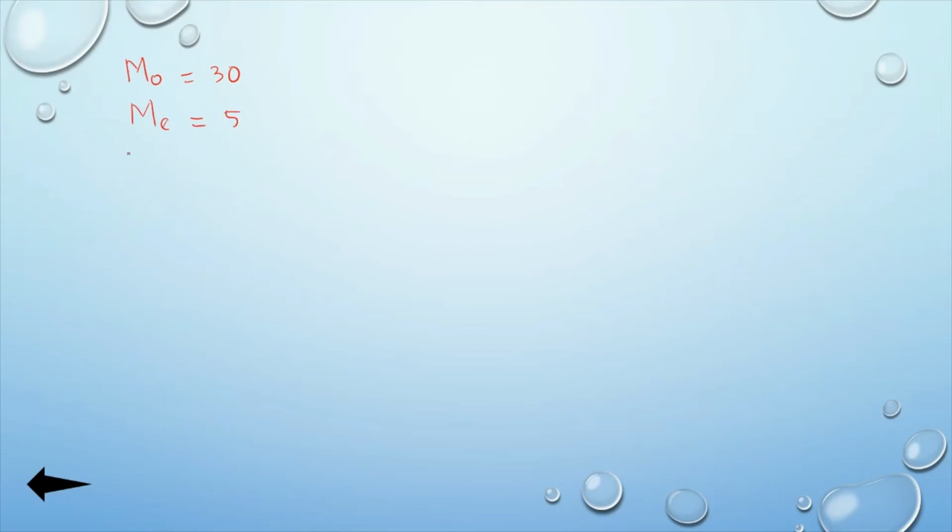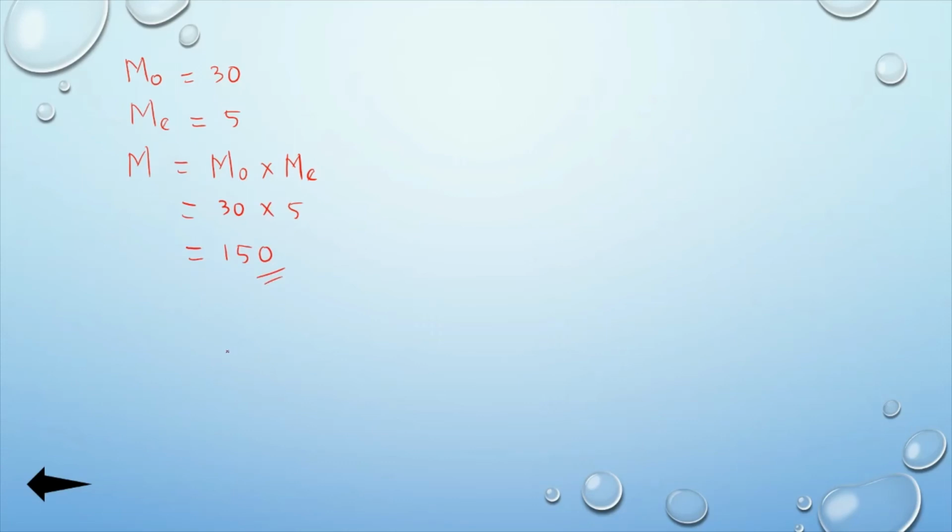To calculate the overall magnification, we just multiply MO and ME, because the overall magnification is the product of MO and ME. So M equals MO times ME. MO is 30, ME is 5. So the overall magnification of the microscope is 150.